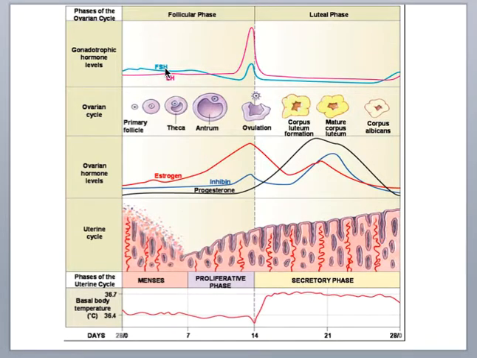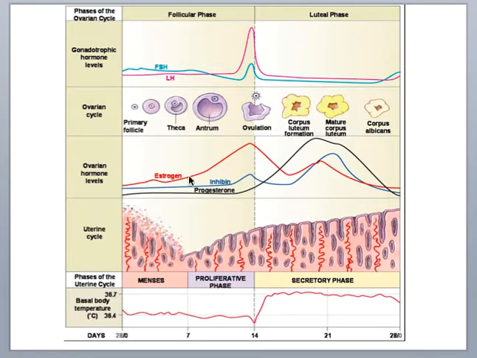Now, because follicle-stimulating hormone is the predominant hormone, days 1 through 14, that means estrogen is going to be the dominant hormone that's being released by the ovaries, because FSH stimulates follicular cells to produce and release estrogens.